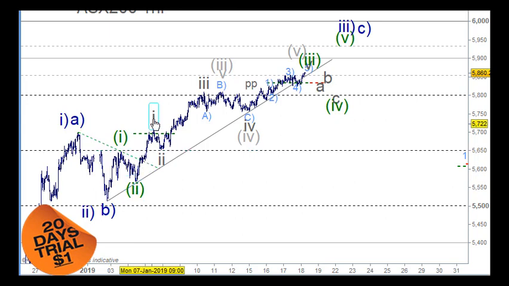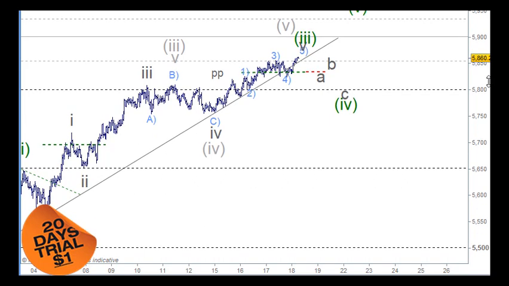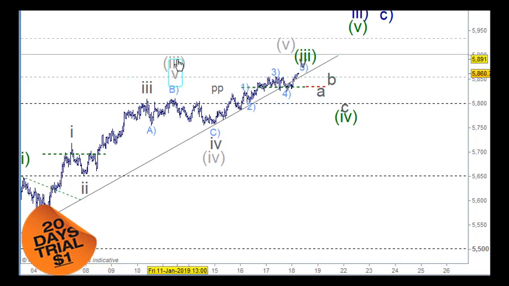I'm looking at this as 1, 2, 3 and 4 in here, and then up for 5 here. But on the S&P 500 in the US, we've got it labeled a little bit differently. See how I've got this wave 3 dulled out, and wave 4 and wave 5 here. On the US markets, the 5 waves that we're tracking in this trend to the upside would have 5 waves here and not wave 3 here. So we're going to have to be a little bit careful within this structure as well.